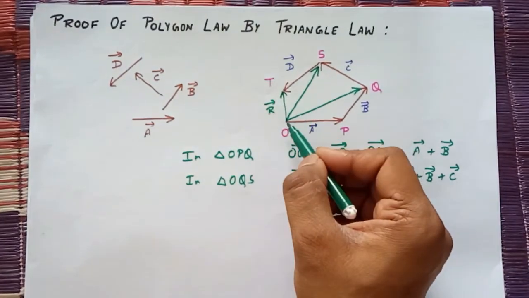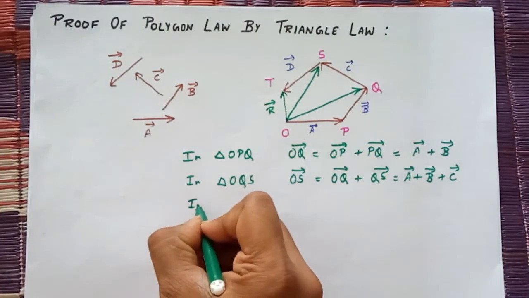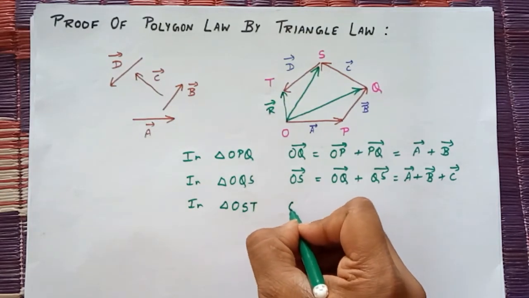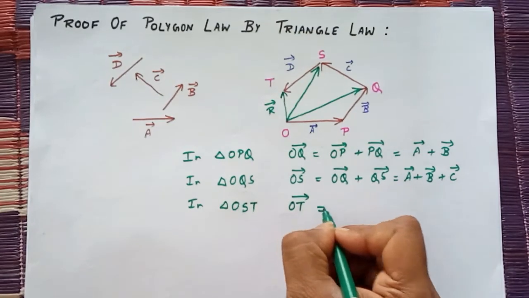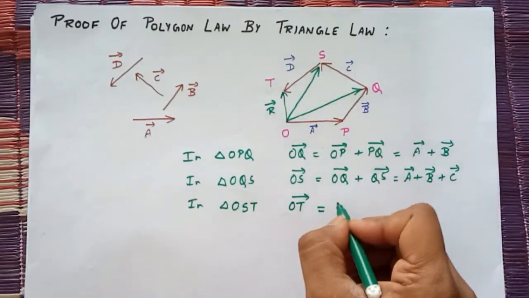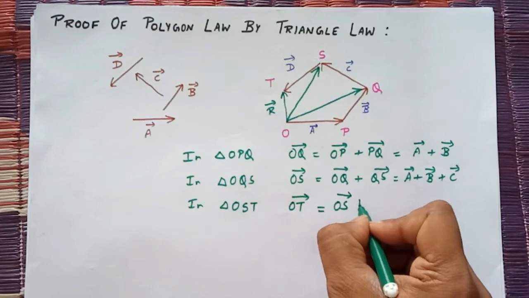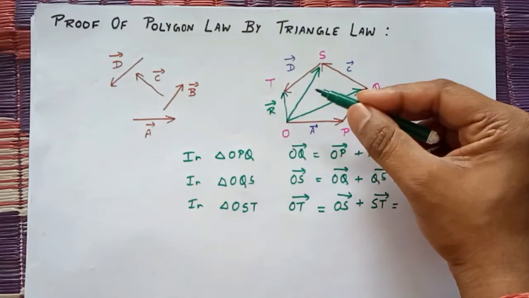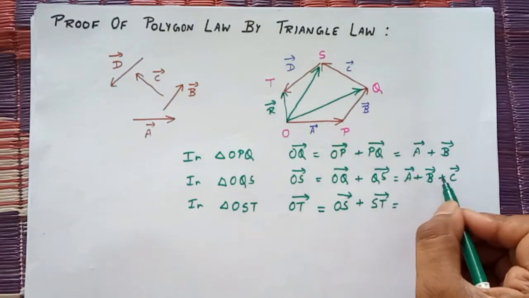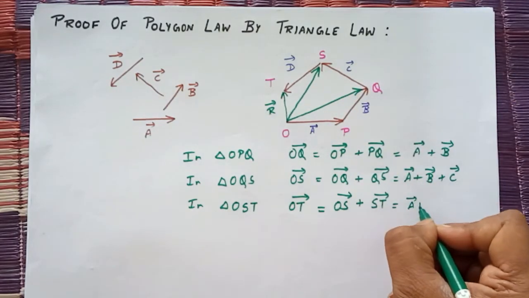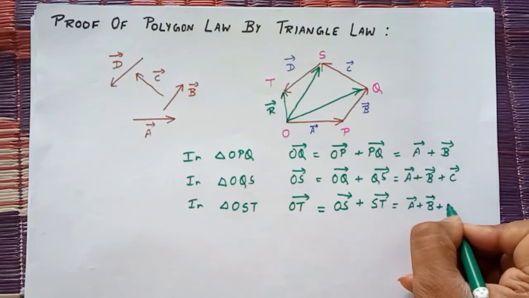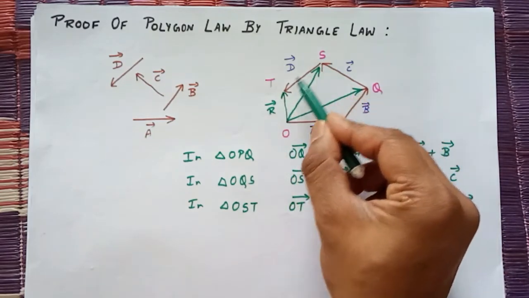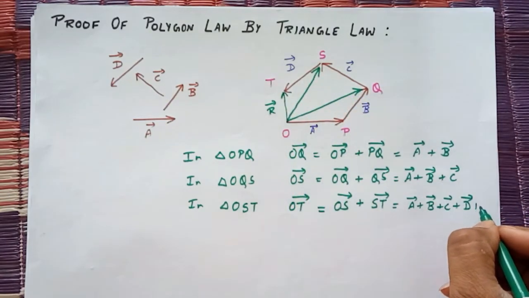Now finally in triangle OST, I can write OT vector is equal to OS vector plus ST vector. So what is OS vector? OS vector is A plus B plus C. And what is ST vector? ST vector is D vector.